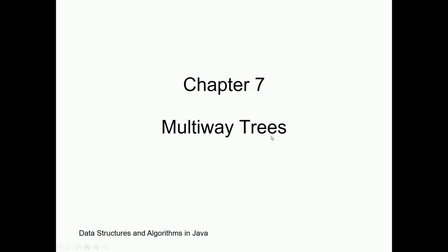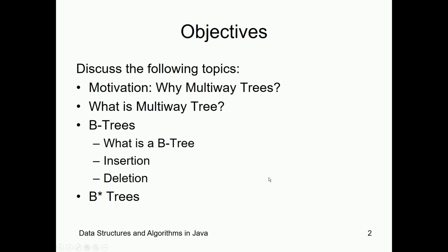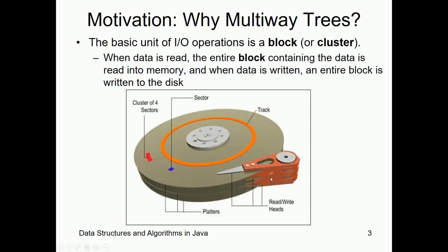Now the multi-way trees are going to handle some kind of speed problems, but a different type of problem that happens with speed. The problems that these multi-way trees are handling are related to the hard disk. Why the hard disk? Well, when you have a lot of data stored, like in a database, every time you look for it, it's not going to be in memory.